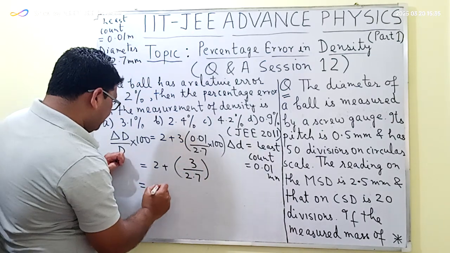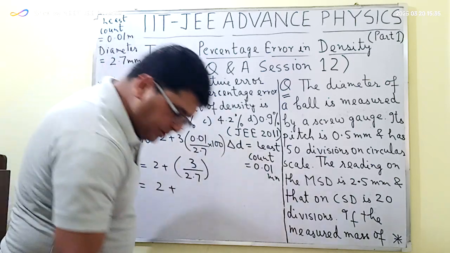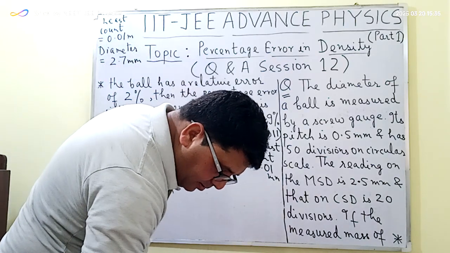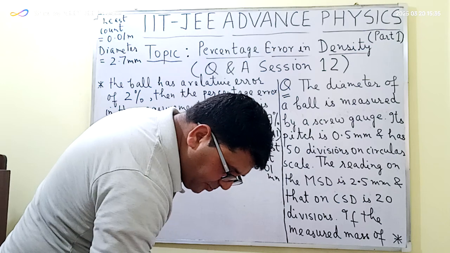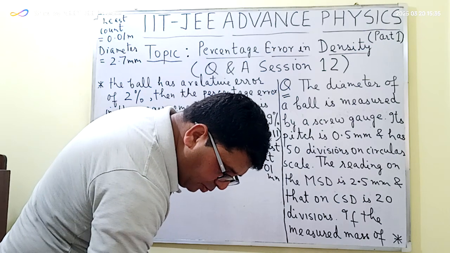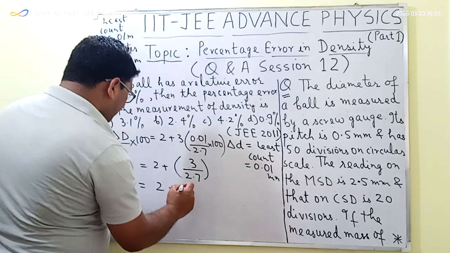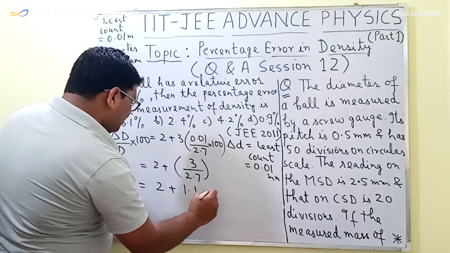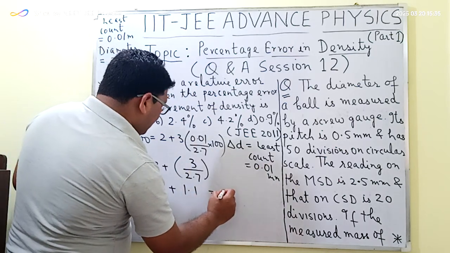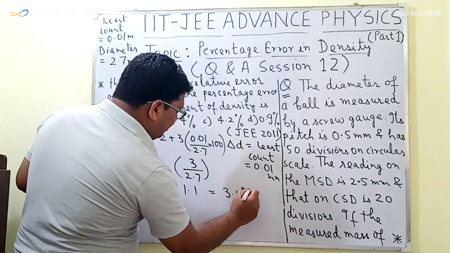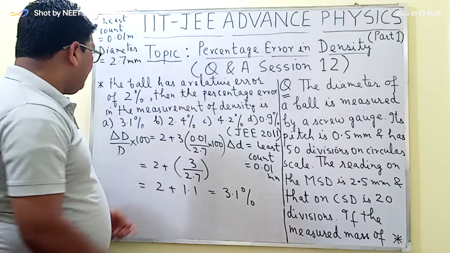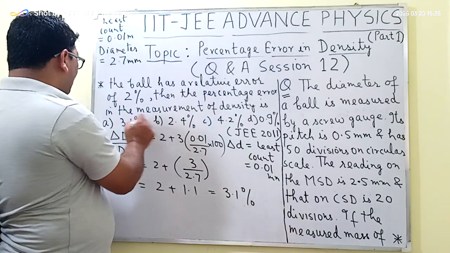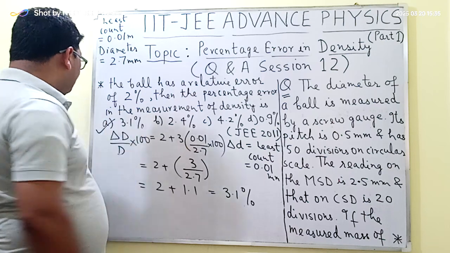So this is equal to 2 plus, now 3 upon 2.7 is equal to 1.1 approximately. So this is equal to 3.1%. So the percentage error in the measurement of density will be equal to 3.1%, and so the correct option is A.